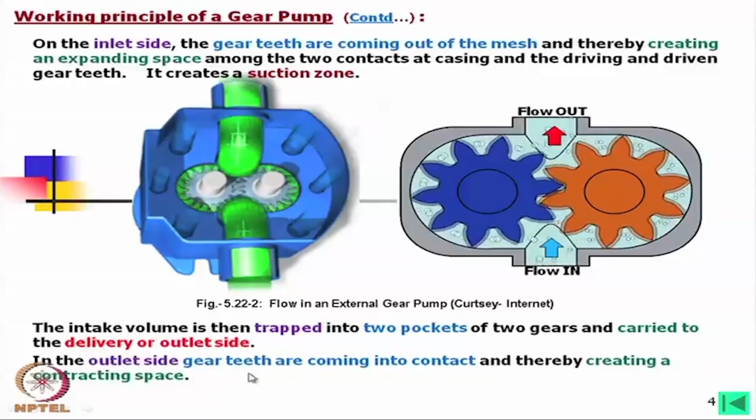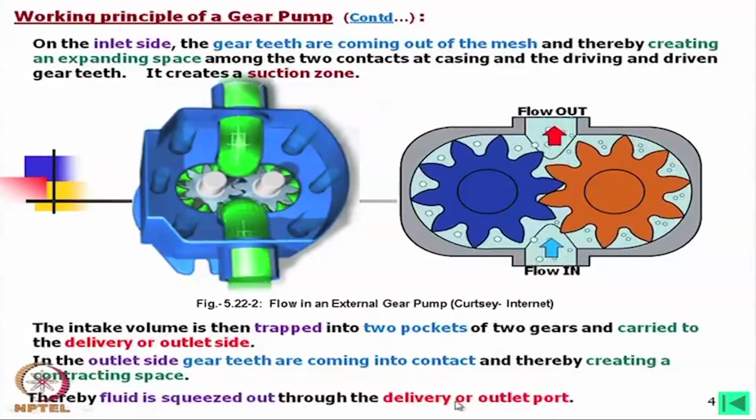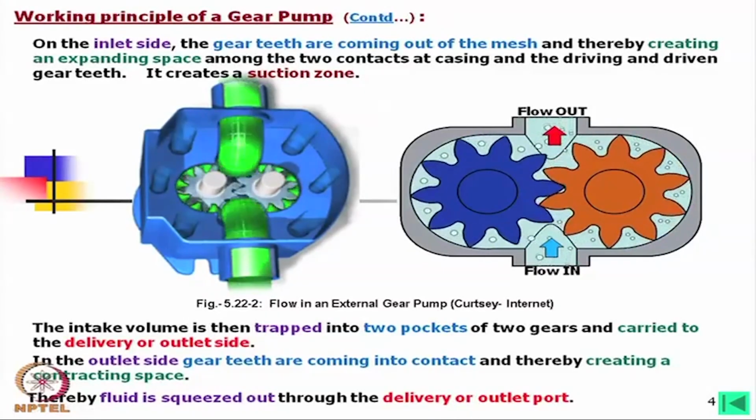And on the outlet side, the gear teeth are coming into contact and thereby creating a contracting space. Thereby fluid is squeezed out through the delivery or outlet port. So, this is the pumping action in the case of the gear pump.